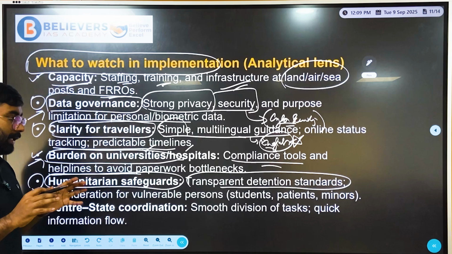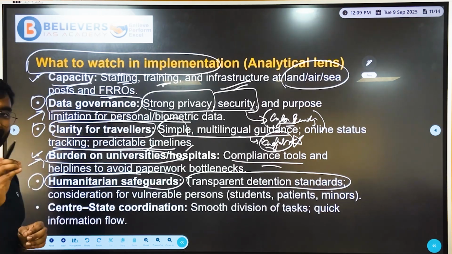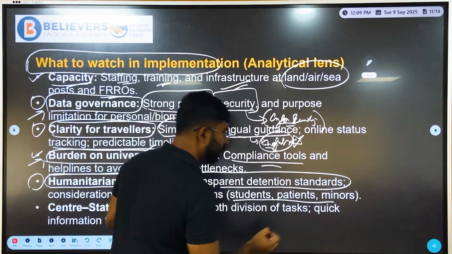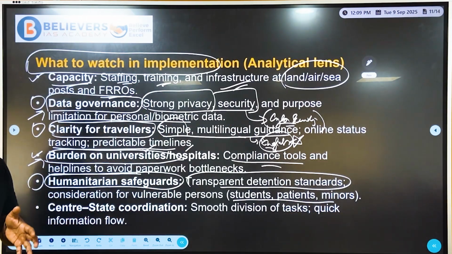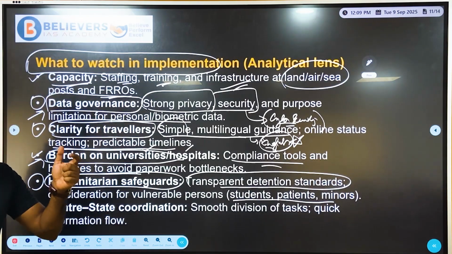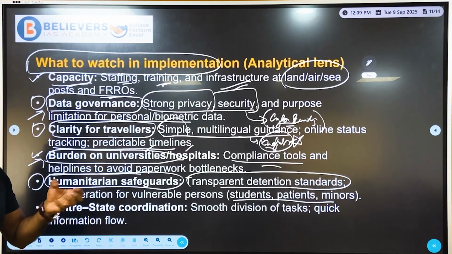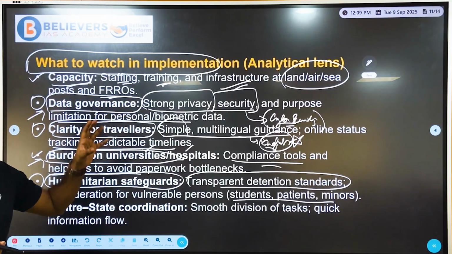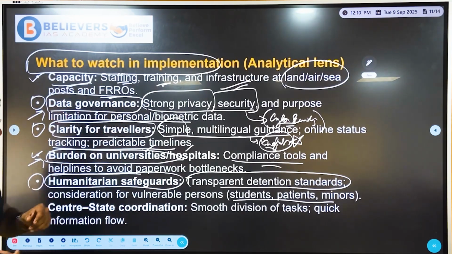So even though they are stringent, it also has to be ensured that, especially for students, patients or even minors who are staying in India, certain relaxations are provided on humanitarian grounds. That is one of the angles of this act which the government has to keep in mind.